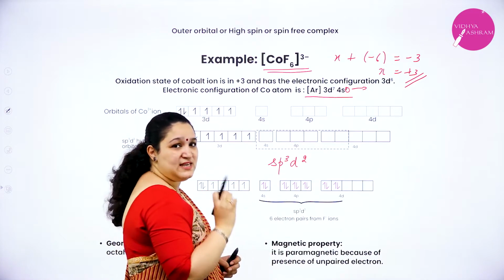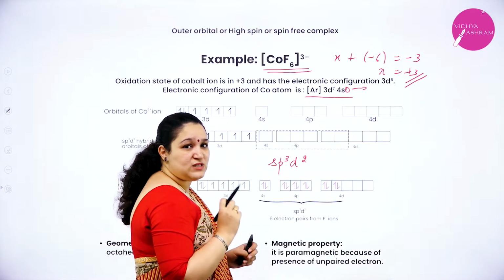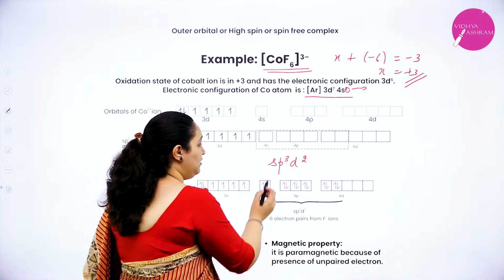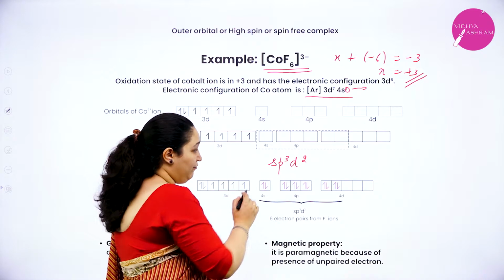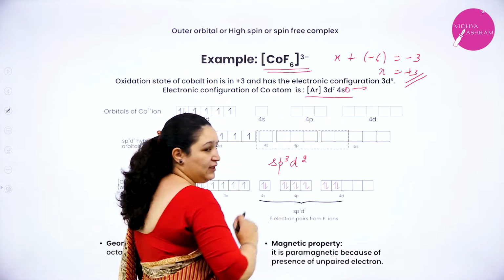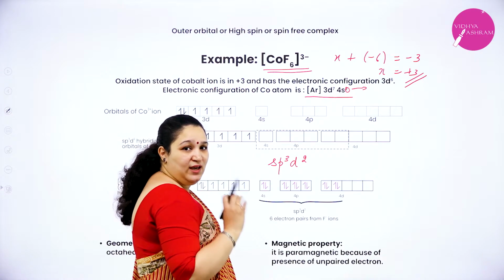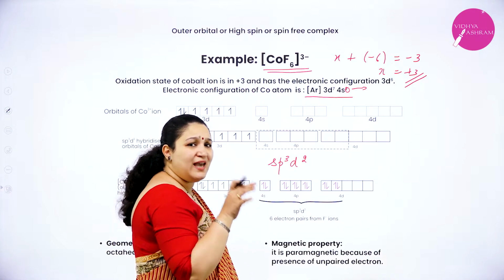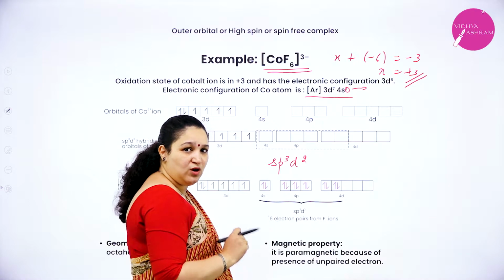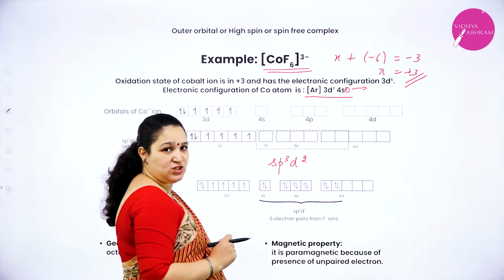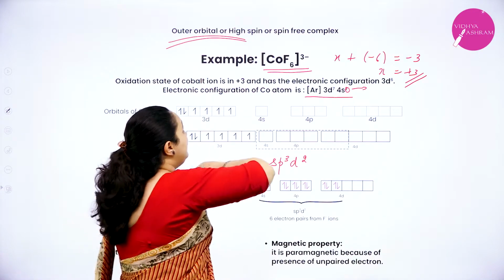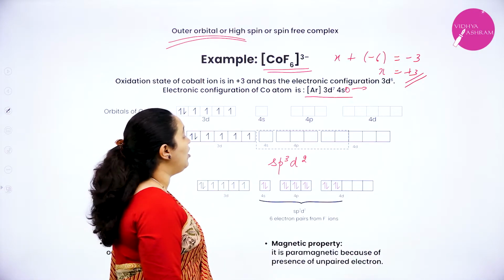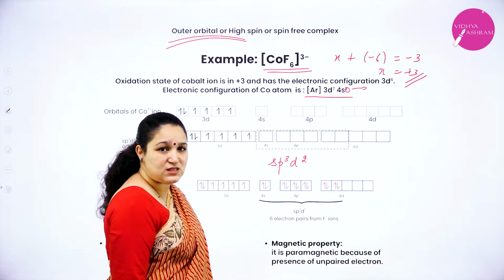So we have got 6 vacant orbitals which are undergoing which hybridization? sp3d2 hybridization. We have written d2 on the other end because the d orbital of the same shell was used for hybridization. That is why it is also called outer orbital or high spin or spin free complex.